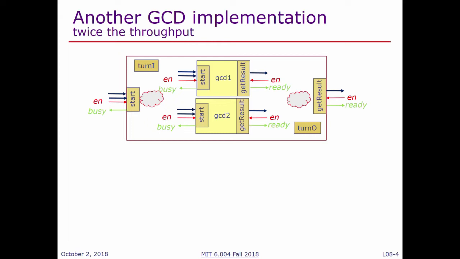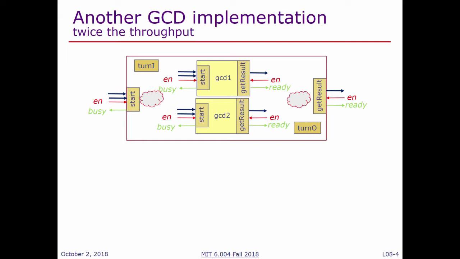Now this one I called make what? Oh, I haven't given it a name yet. We'll call it some other name, right? So we are making a new module which is going to have much, much higher throughput. Why? Because inside it, I'm going to instantiate two GCD modules which you already know how to make, right? I mean, you have just made it in the previous slide. You know how to make a GCD module.